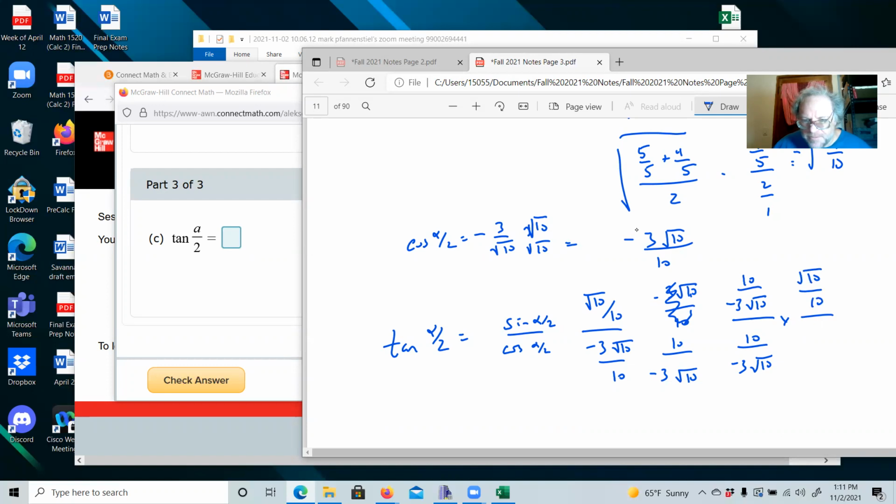I just rewrote this with the better version, I'm sorry. So this all cancels out, that's the whole point. The 10s cancel, the root 10s cancel, and we end up with negative 1 over 3. So we have negative 1/3.